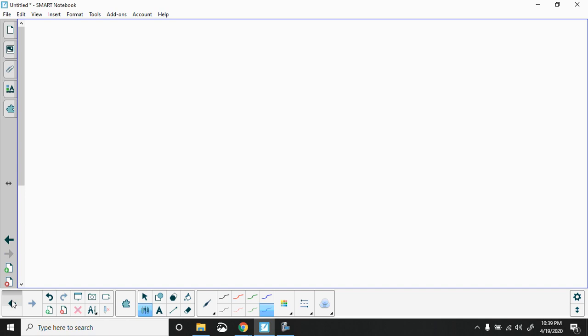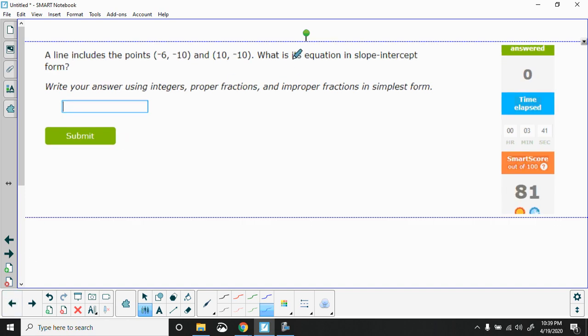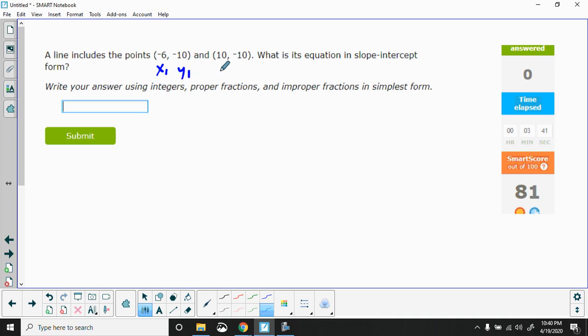So, again, x1, y1, x2, y2. Slope formula. We're going to plug in what we know. y2 is negative 10 minus y1, negative 10. Notice the 2 negatives.